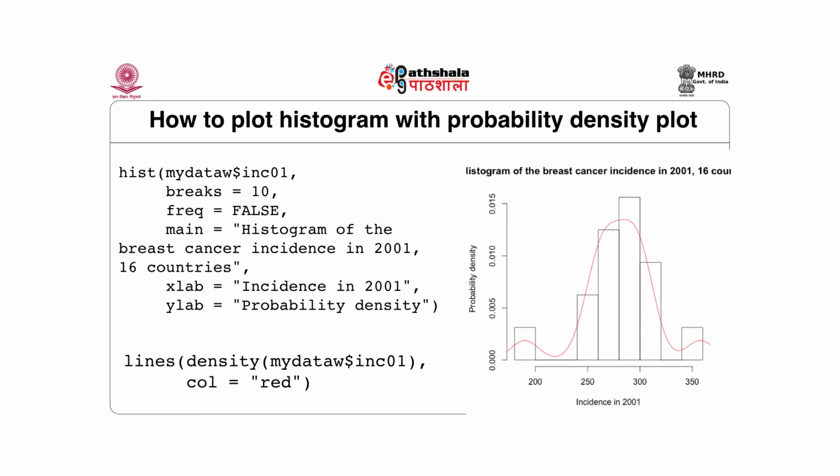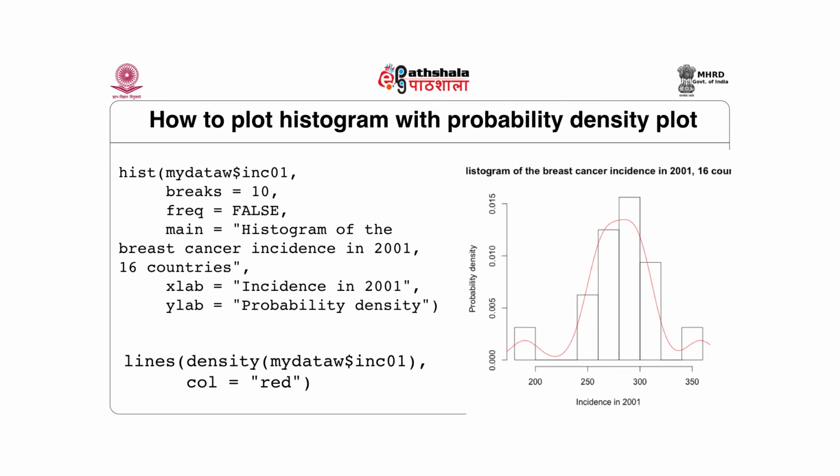After I had drawn the histogram, you note that I have issued another high-level plotting command, which is lines, which is about the density function that I have decided to draw on this particular histogram. So I have taken the histogram, and then on top of the histogram I have decided to draw a probability density based on the lines that will come out of this.